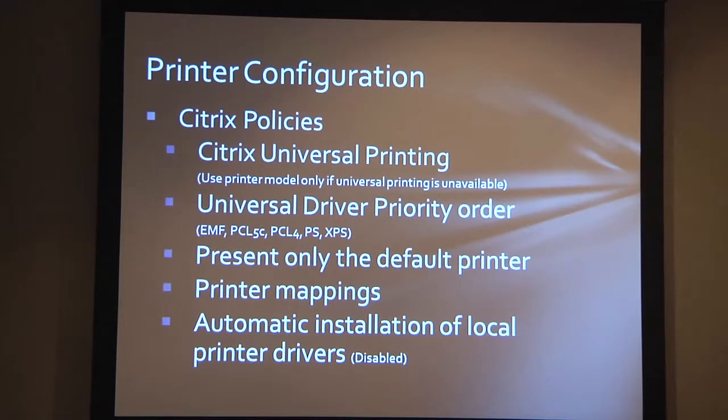The other thing I want to call out is this universal driver priority order. You'll find it in XenApp 6. You won't find it in XenApp 6.5. And I'm kind of glad they removed it, because if you start messing with the order, then your printing isn't going to function appropriately. We had an issue where we did our Windows updates, and because we use Windows native print drivers, the driver subsystem got updated, and it actually added some extra printer drivers to our server as a result of that.